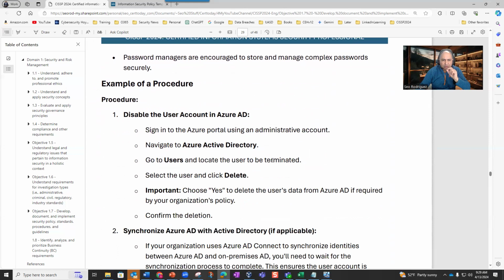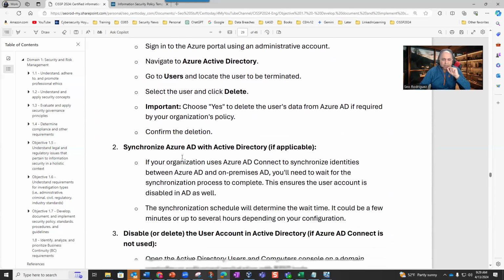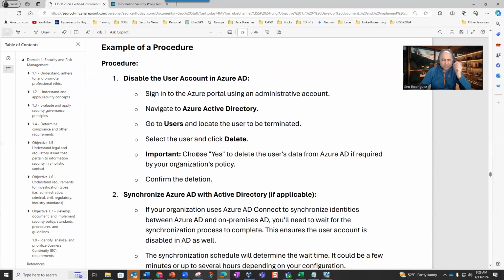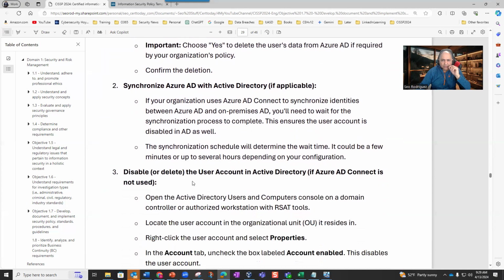An example of a procedure could be, again, step-by-step. So here's the procedure to disable an account, for example. Step 1, disable the user account and ID. If the company is synchronized with Azure AD using AD Connect, then step 2, synchronize the Azure AD with Active Directory.